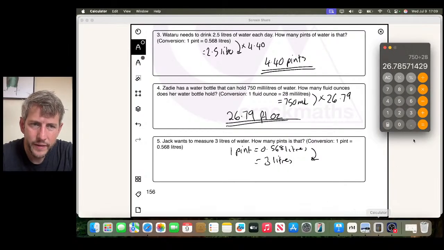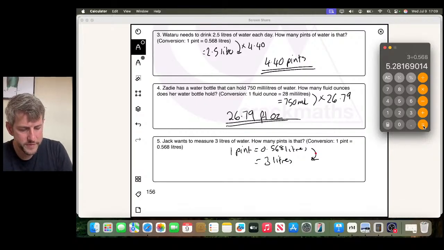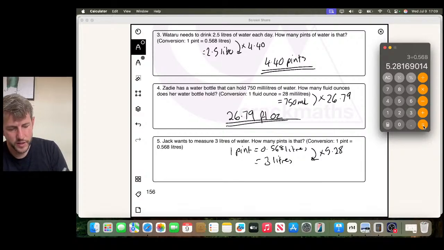So remember, we get the calculator and we do 3 divided by 0.568. Okay, and that tells us that 0.568 times 5.28 will give us 3 litres. So that is going to be 5.28 pints.